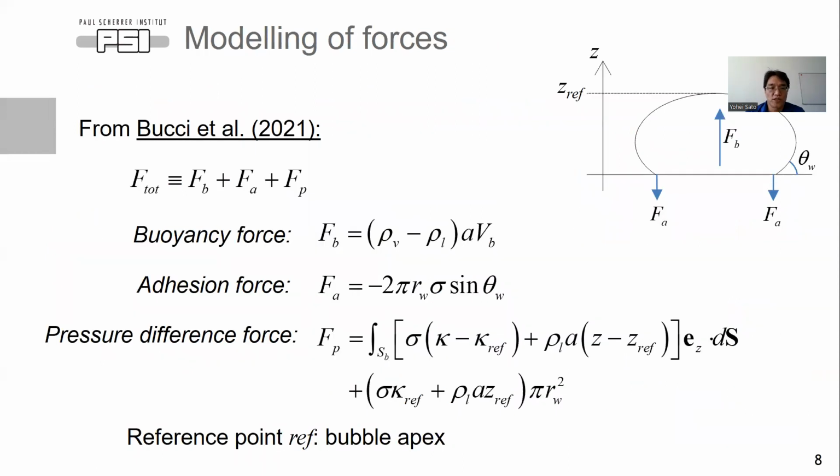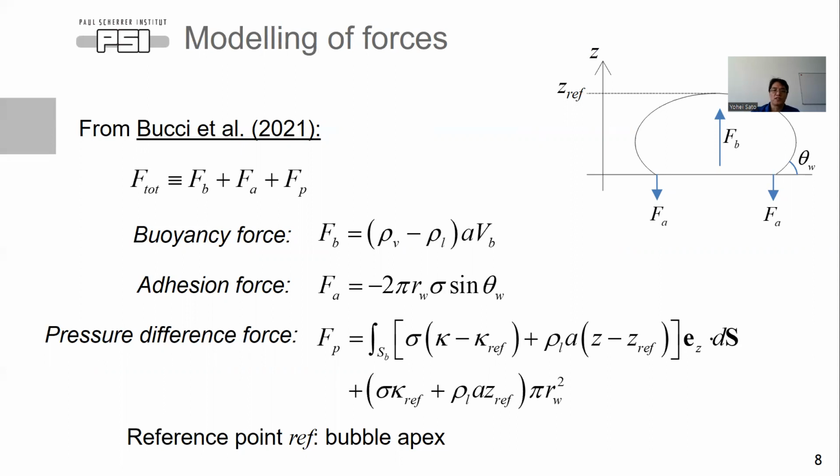The modeling of forces. We follow Butch's force modeling. In this approach, the total force is assumed to be FB, the buoyancy force, plus the adhesion force, FA, plus FP, the pressure difference force.